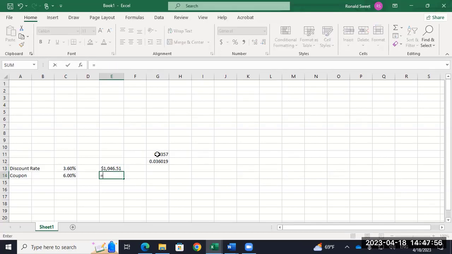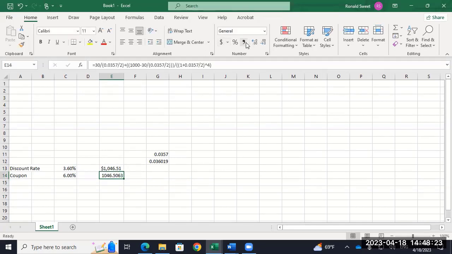The other approach is my approach: $30 divided by 0.0357 divided by 2, plus $1,000 minus $30 divided by 0.0357 divided by 2, all of that divided by 1 plus 0.0357 divided by 2 raised to the 4th. That's exactly what the calculator is doing.